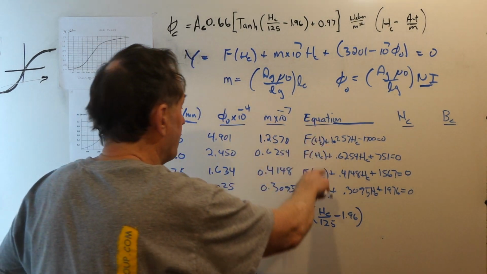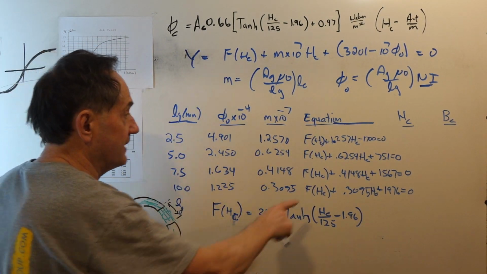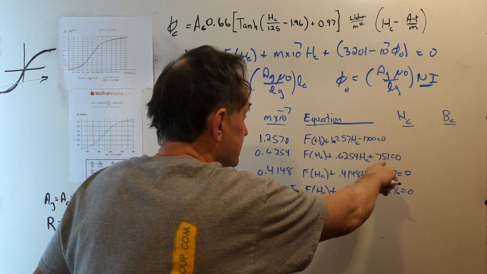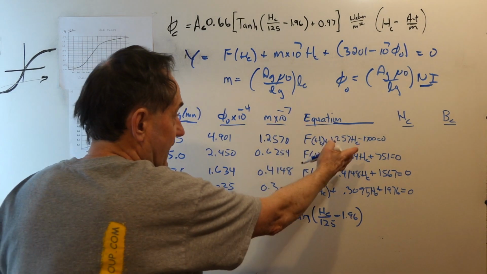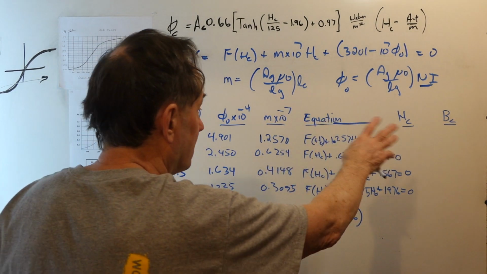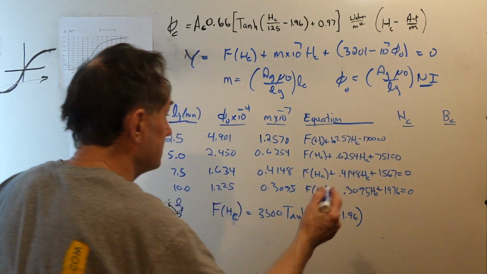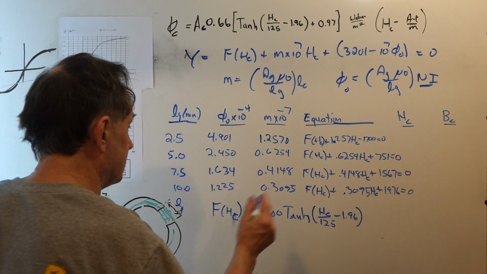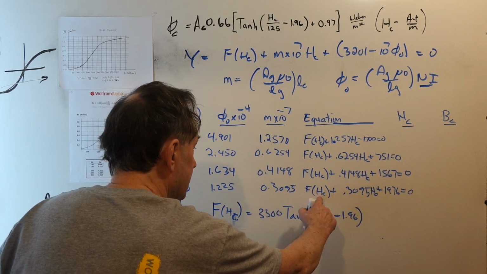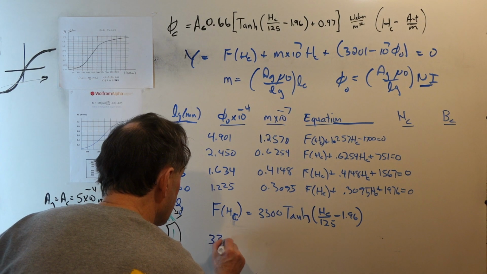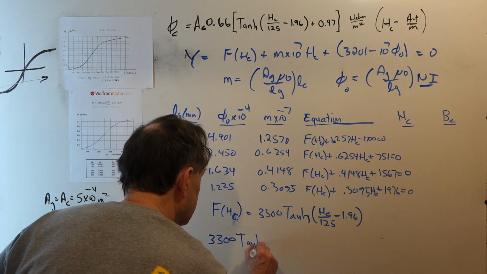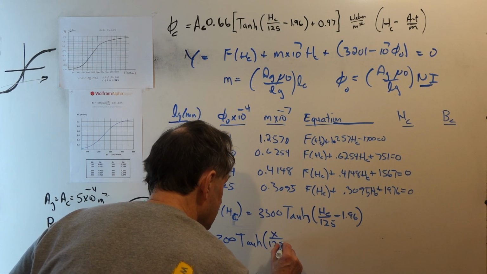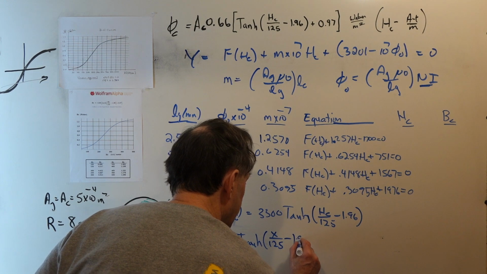Now, to solve these equations as I vary the gap, I used Wolfram Alpha, and I just put these into the function solver in Wolfram Alpha. This is highly nonlinear. You have to use some numerical methods to solve this. So, for example, for the 10 millimeter gap, what I typed into Wolfram Alpha is f of HC, which is 3,300 hyperbolic tangent of, I used x instead of HC to make it easier to type in.